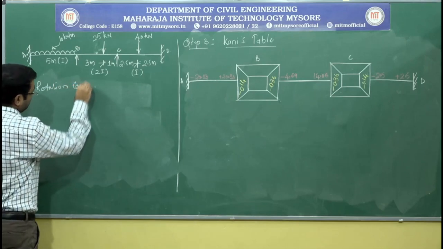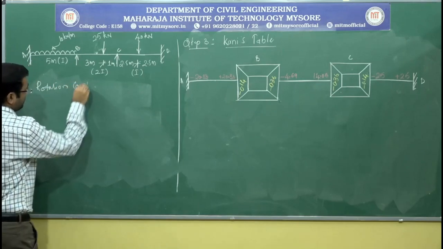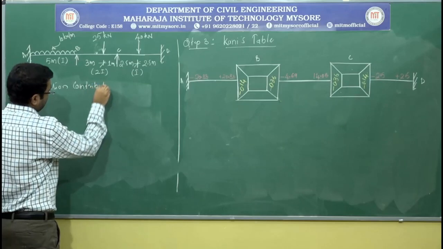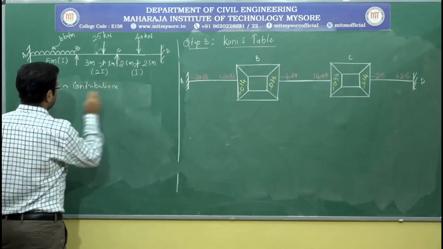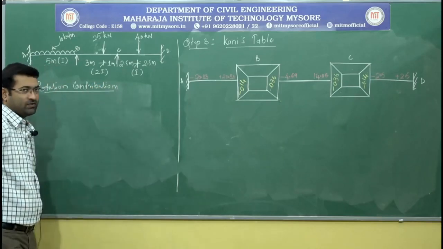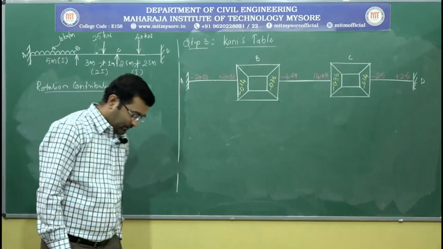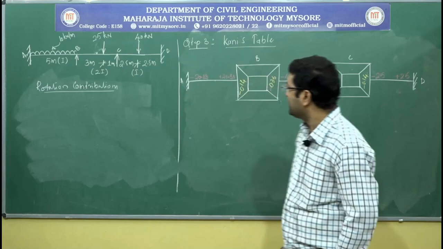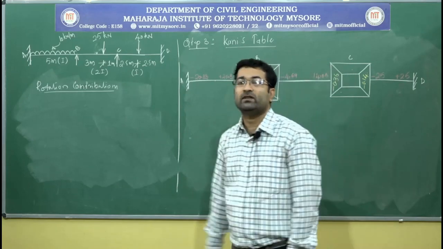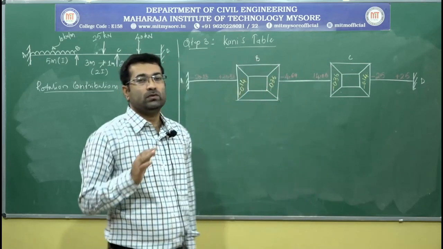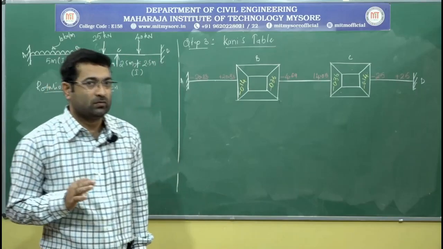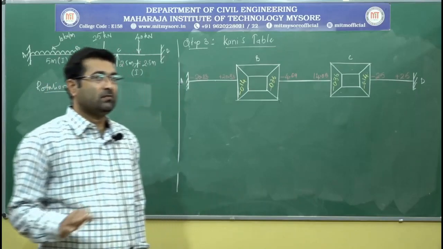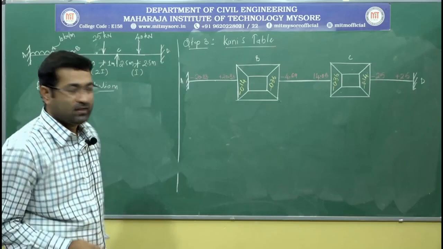So see here, rotation contributions, that is m dash values. In the previous class also we discussed, in Kani's method we calculate the rotation contributions only for the intermediate joints, not for the ends.